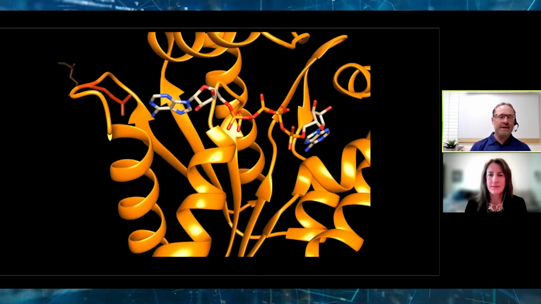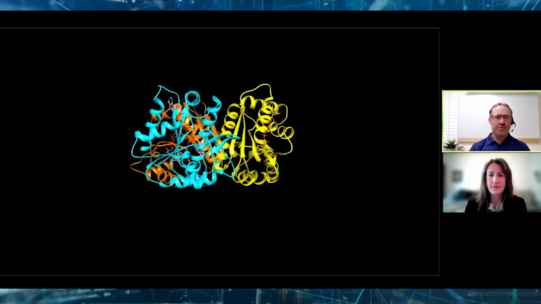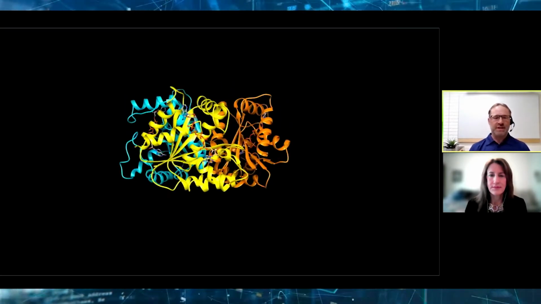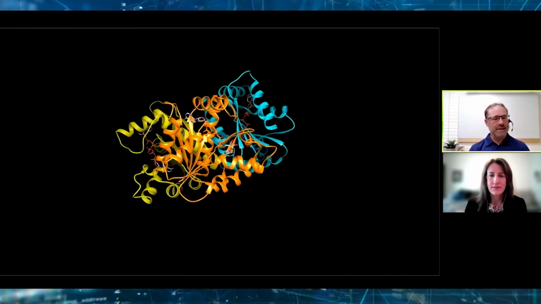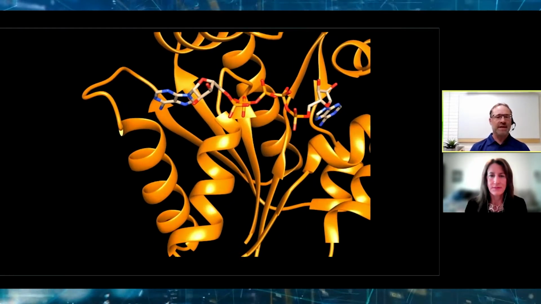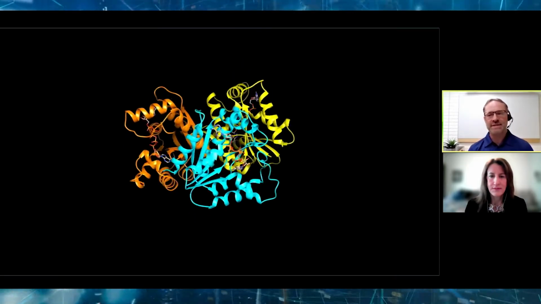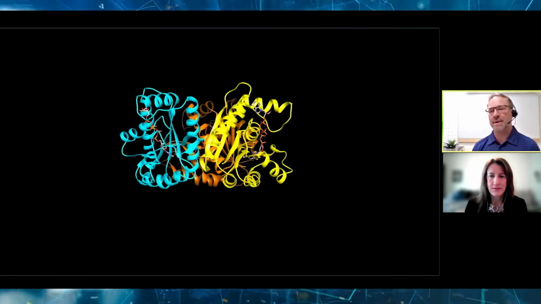If we zoom in here, we see that the recognition of the substrate is actually done by the side chain of a glutamine. And that glutamine, as you can see here in orange to the upper left, can recognize any kind of NTP. So we have discovered a universal NTP binding motif.